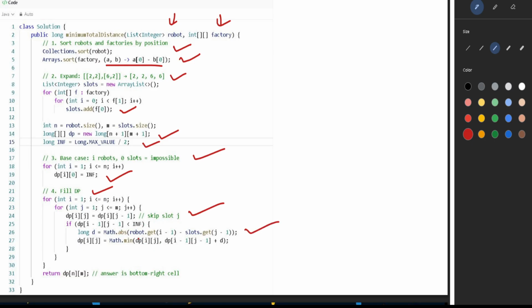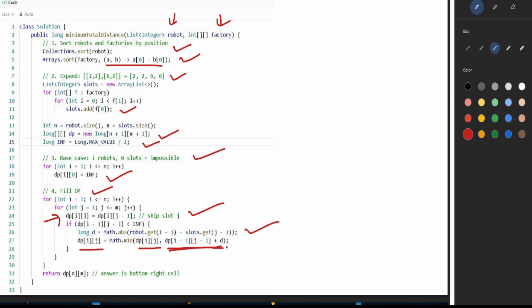So how will we get the absolute value? You will take robot.get(i minus 1) minus slot.get(j minus 1), and you will get the distance d, right? So what you need to do is dp[i-1][j-1] plus the distance d. That is the previous one plus the current distance, and we will update our dp[i][j] with the minimum, because we need the minimum distance.